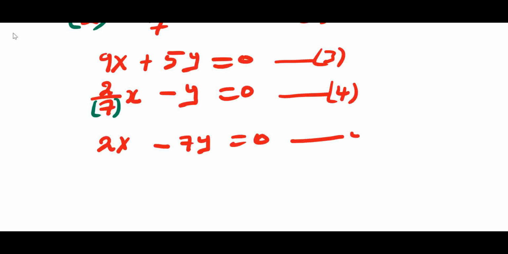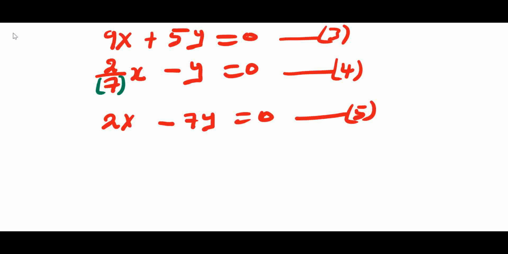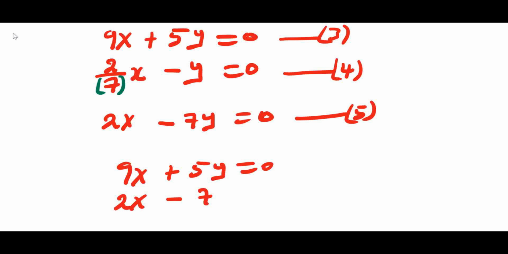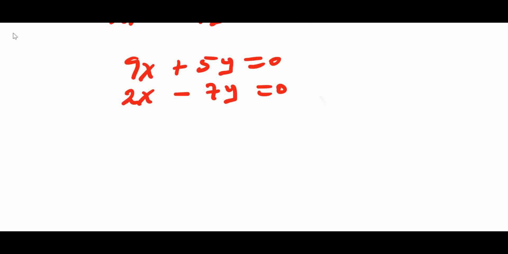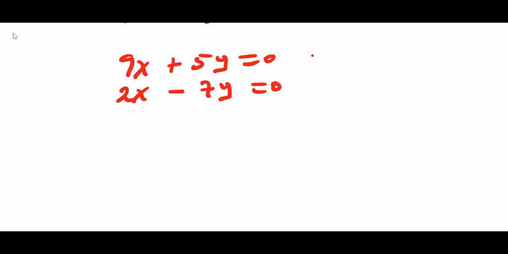So now call this equation 5. So we can now bring equation 3 and equation 5 together. So equation 3 is 9x plus 5y equals to 0. Equation 5 is 2x minus 7y equals to 0. Equation 6, equation 7.